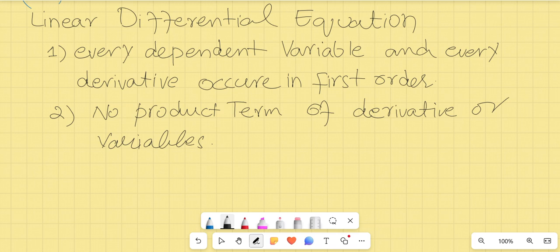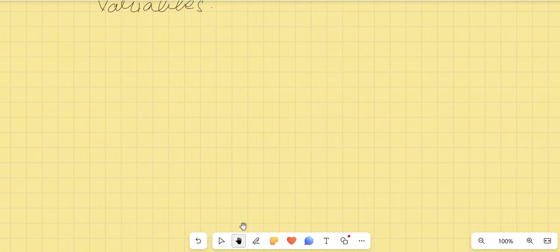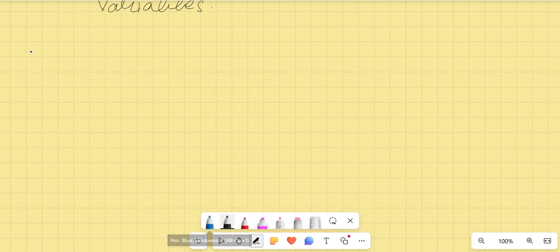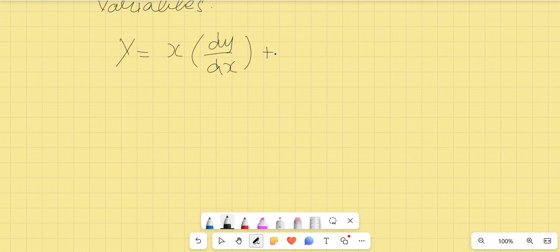All right. So let's take a look. Let's say we have the equation y equals x dy by dx plus 1 plus dy by dx to the power 2. In that case, what is the order? It is 1.